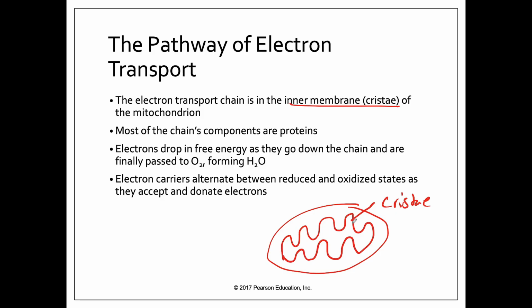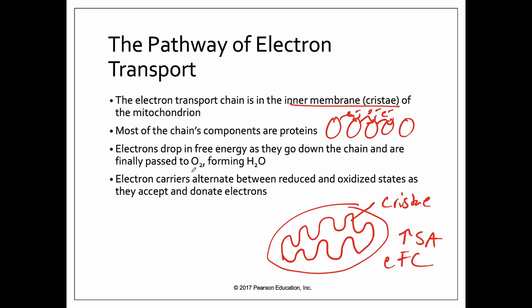So this is highly folded to increase the surface area for the electron transport chain. For the most part, the electron transport chain is just a bunch of proteins. So they're just some membrane proteins all in a row, and they're literally going to pass electrons from one to the other.